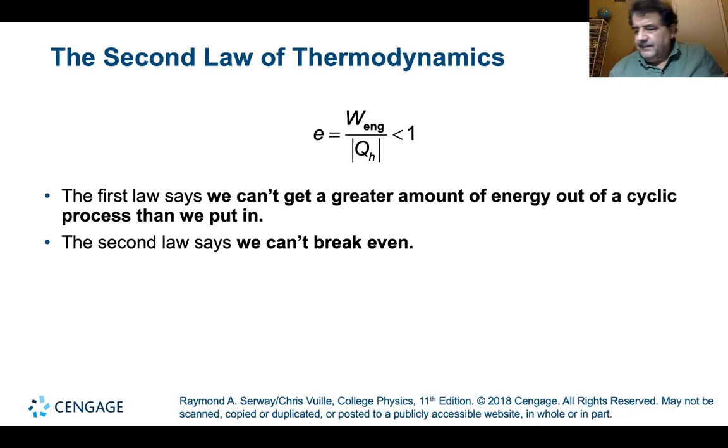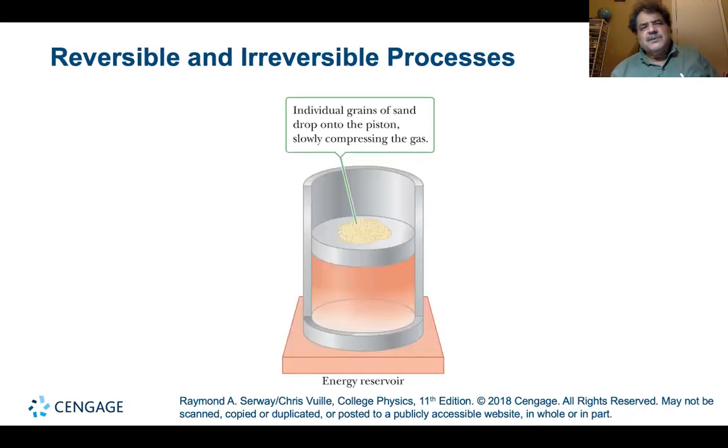Now, reversible and irreversible processes. In truth, most natural processes are known to be irreversible. It is possible, if it's moving very slowly, to get close to a reversible process.